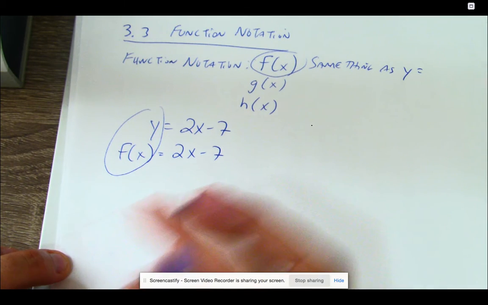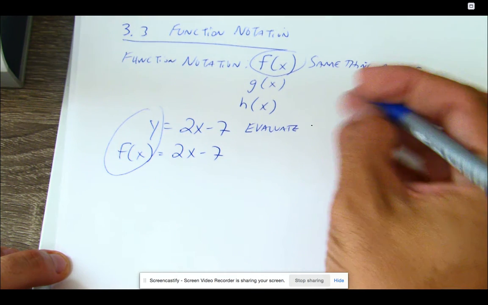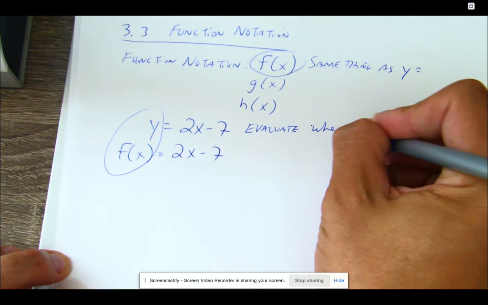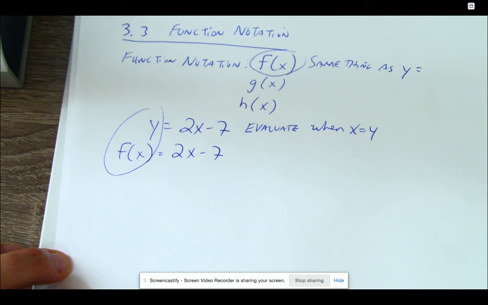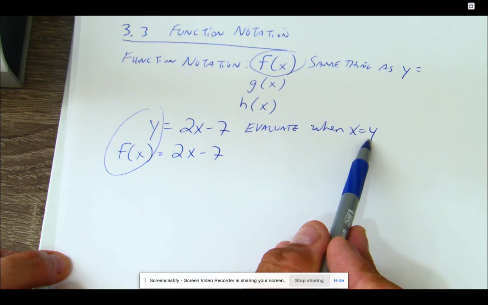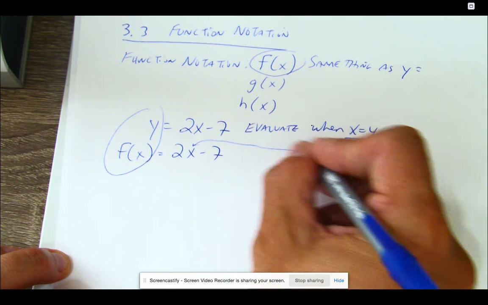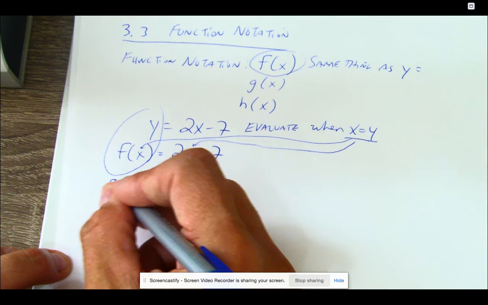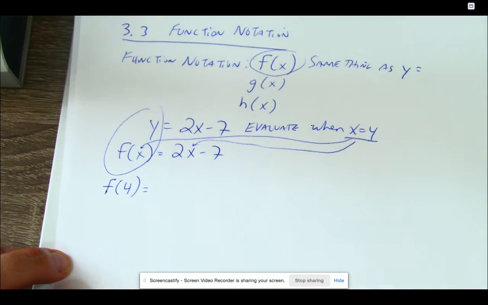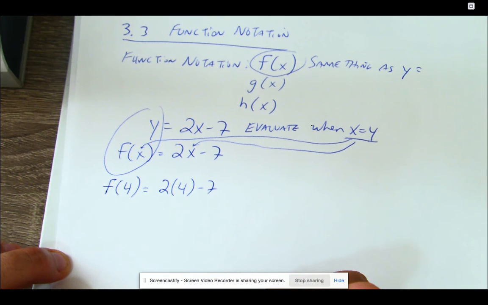So if I wanted to give you a problem, let's say I said evaluate when x equals 4, and you had to figure out what to plug in. So we're basically going to be taking the 4 and plugging it in everywhere that we see an x, which are in these two places, which means the function at 4 is 2 times 4 minus 7.